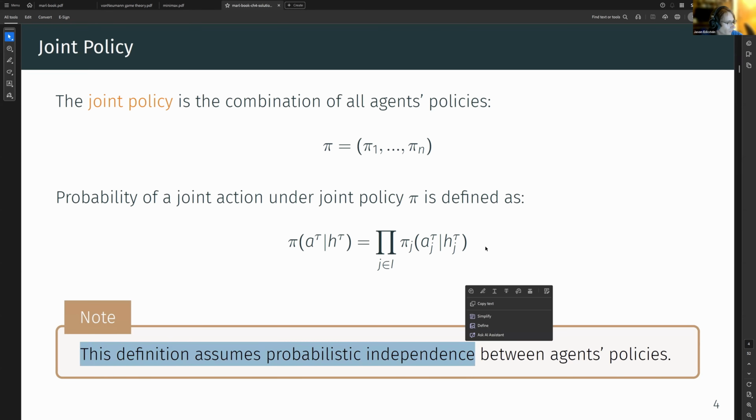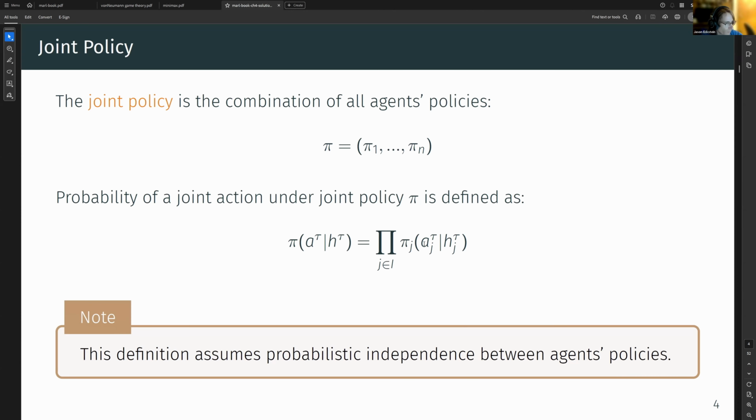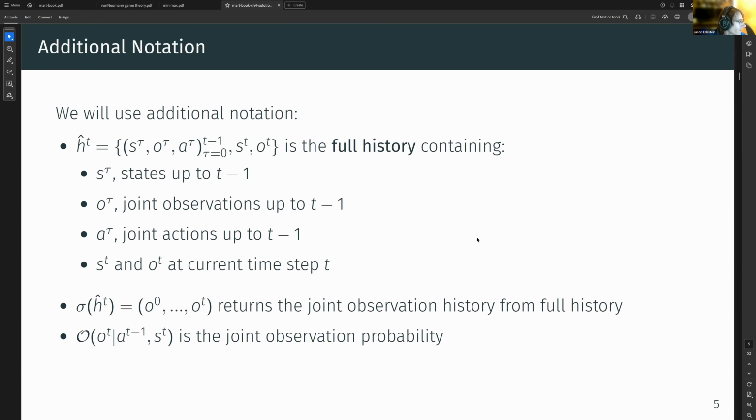So if we take this product here, this assumes that all these probabilities are independent, so we don't have to look at the correlations between them. Here's what I mentioned already. This is the history of the state's observations and actions going back into the past, and it includes the states up to this point, and then the current state and current observation is also part of the history.